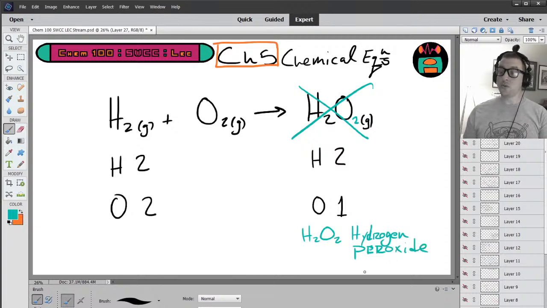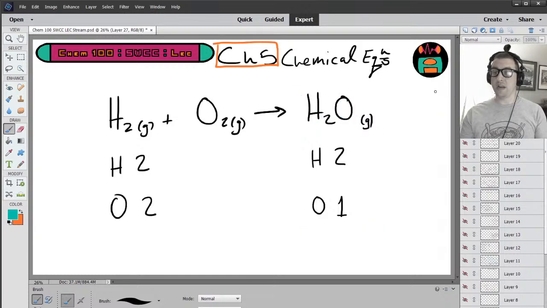H2O2 is hydrogen peroxide. A reaction where H2 and O2 make hydrogen peroxide is not the reaction where H2 and O2 are making water. So you never touch the subscripts, ever.